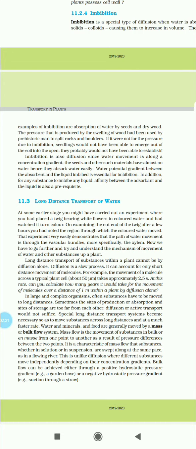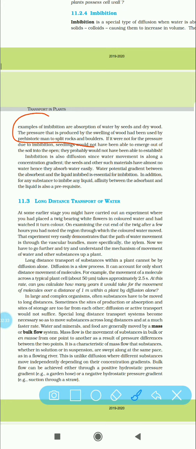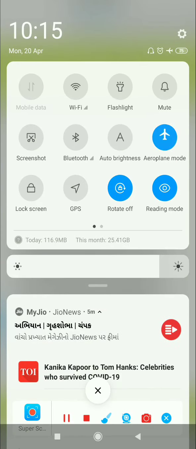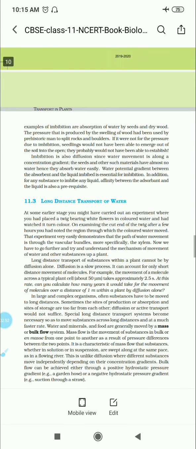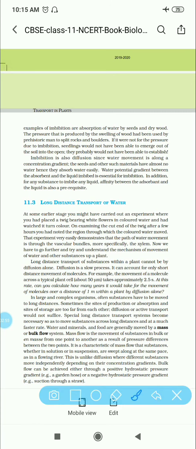This knowledge was also obtained by prehistoric men, and they used this capacity or swelling to split rocks and boulders. Then the next example is commonly the seedlings which come out of the soil.